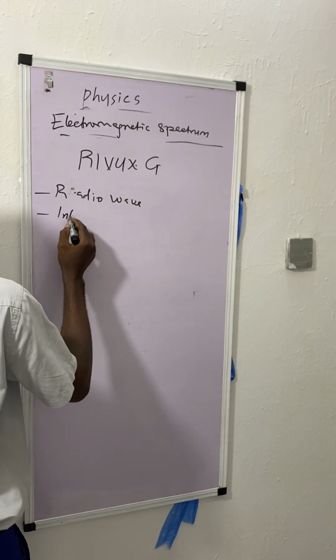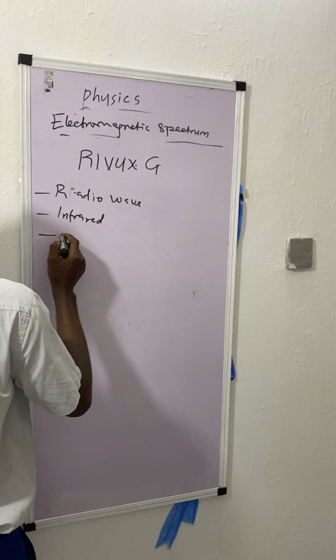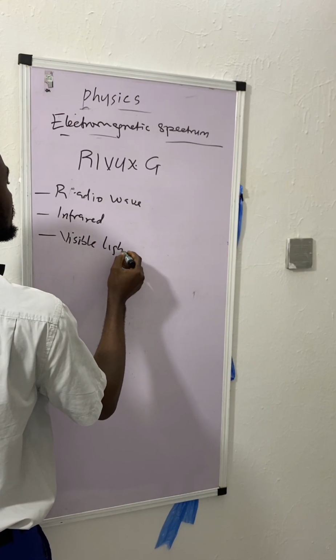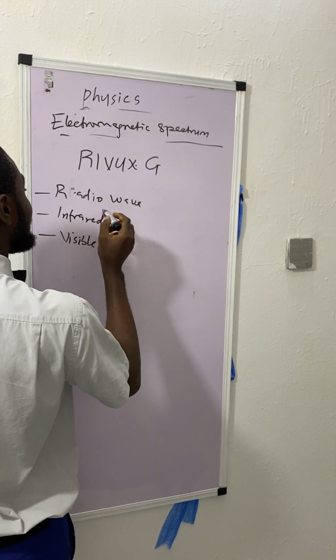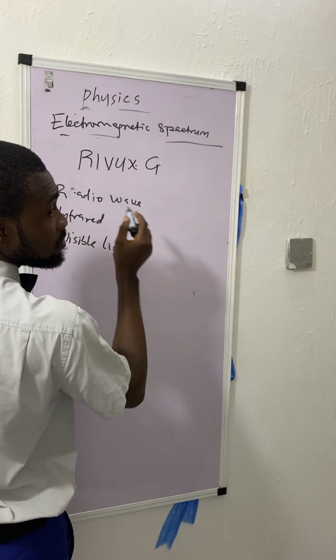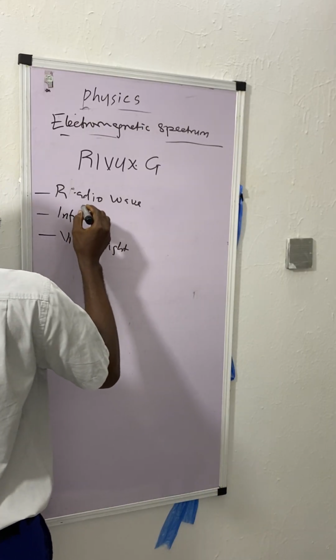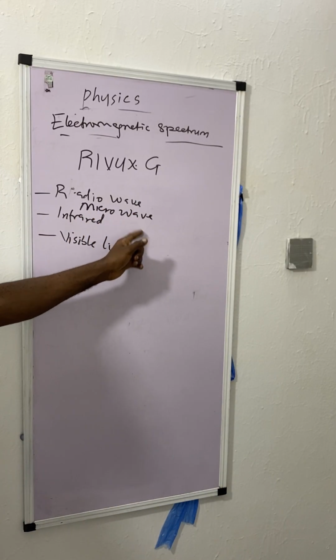I stands for what? Infrared. V stands for visible light. Sometimes in some old textbooks, you can have microwave here.